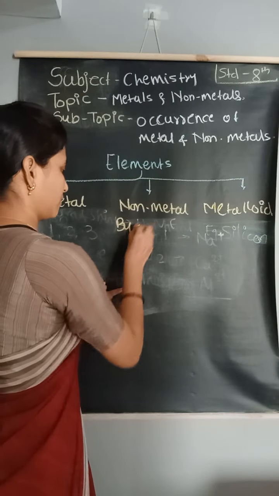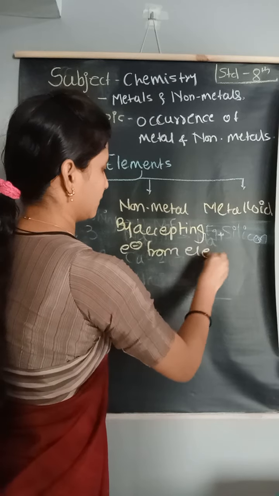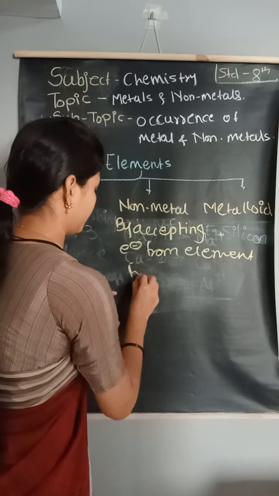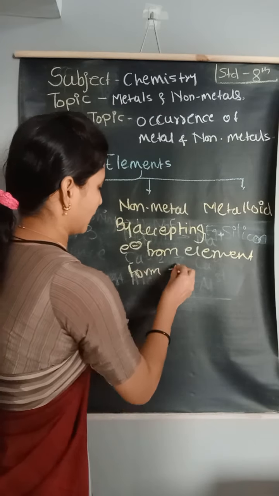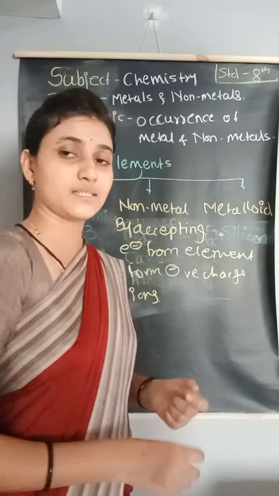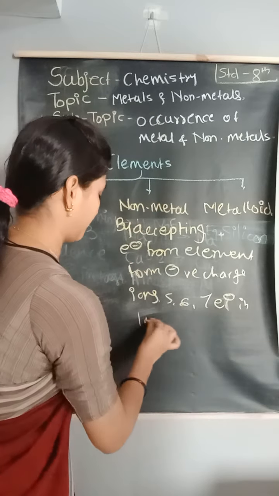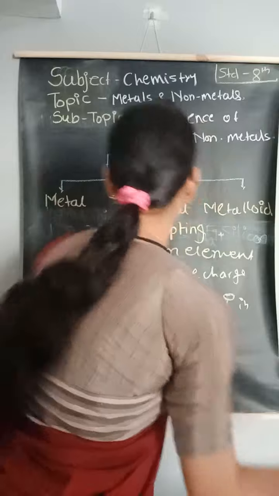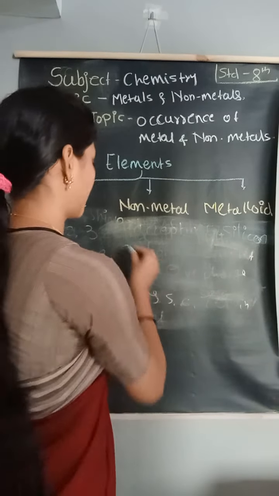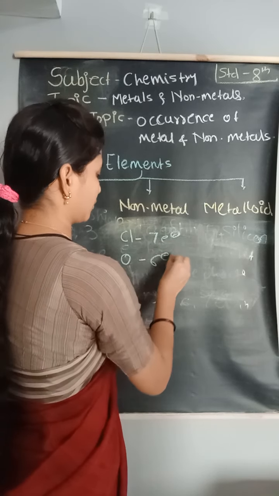Non-metals accept electrons from other elements and form negatively charged ions. Those non-metals have 5, 6 or 7 electrons in the last shell. As examples of non-metals, we can see chlorine, which has 7 electrons in the last shell, and oxygen, which has 6 electrons in the last shell.